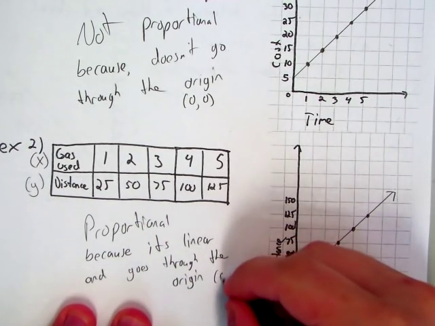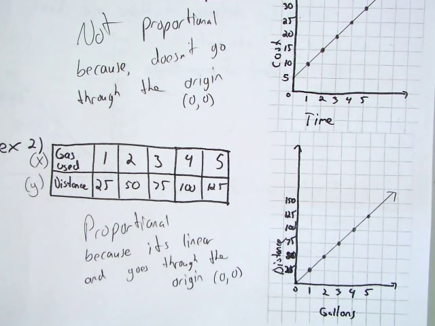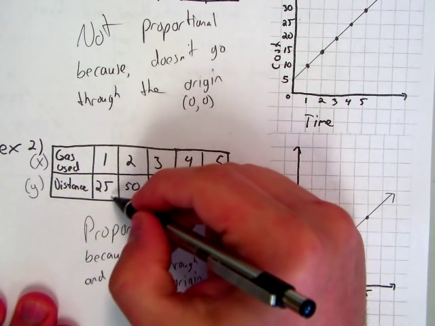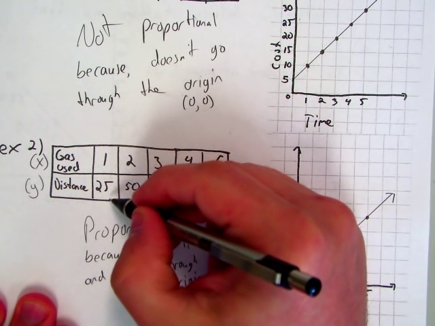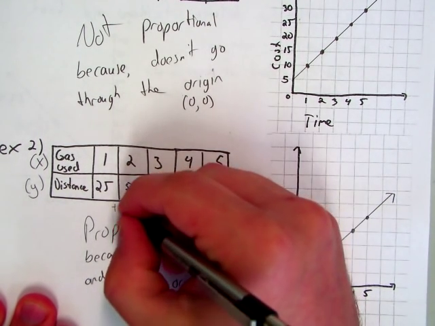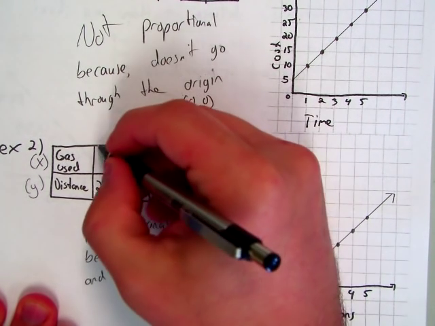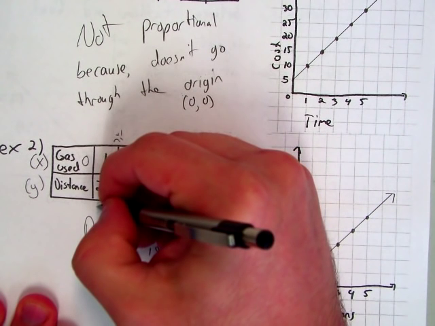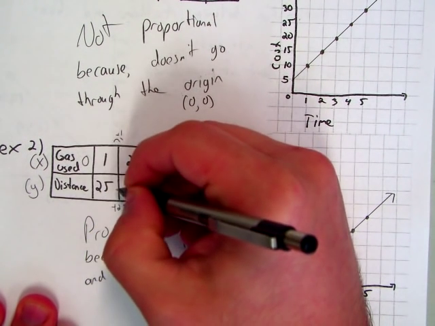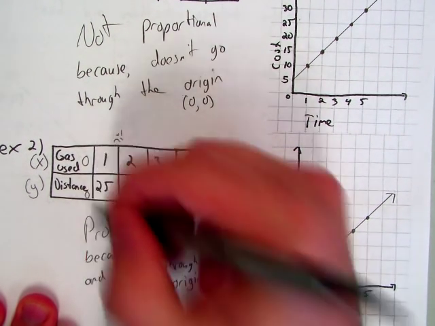Again, 0, 0 does count for part of this set of data. For example, we can see that the rate of change here from 25 to 50 is a plus 25, and from 1 to 2 is a plus 1. So if I wanted to go back to 0, I'd have to go back 25, and 25 minus 25 would also be 0.